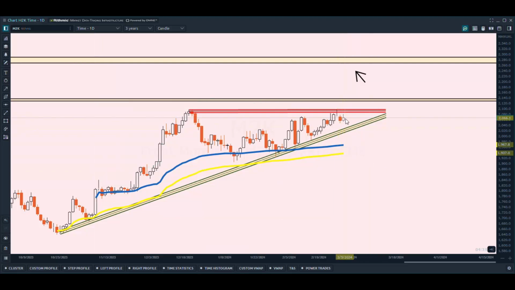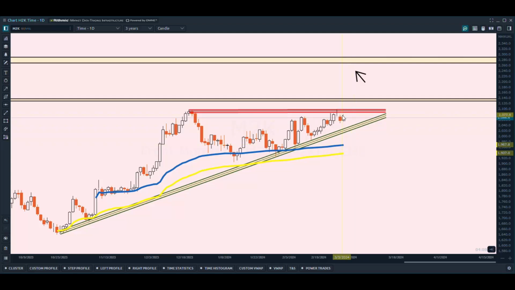And you can see here, if we did break and close below the bottom of this ascending triangle support zone, then the downside target would be around 1967. So all in all, you really have to wait for a confirmation of any setup. Whether it's statistically bullish, you do need to wait for a daily break and close above that resistance zone in order for it to be a bullish trigger.